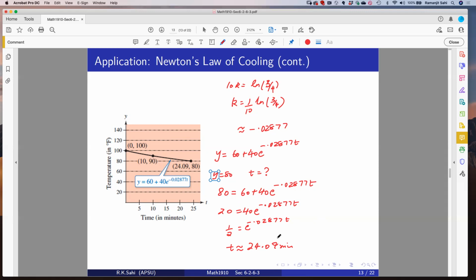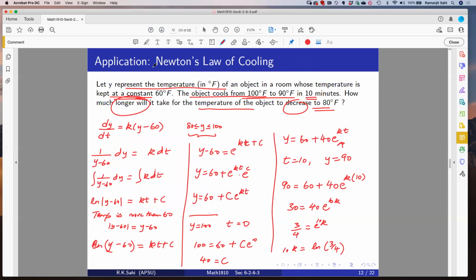But the question was saying, how much longer? How much longer will it take for the temperature to decrease to 80? Let me repeat the last two sentences, which will make it clear why I'm writing the answer as it is. The object cools from 100 to 90 in 10 minutes. Then it says, how much longer will it take for the temperature to decrease to 80 degrees?